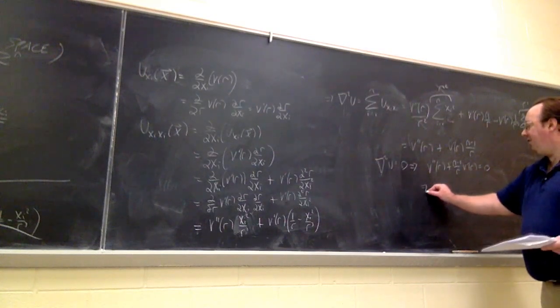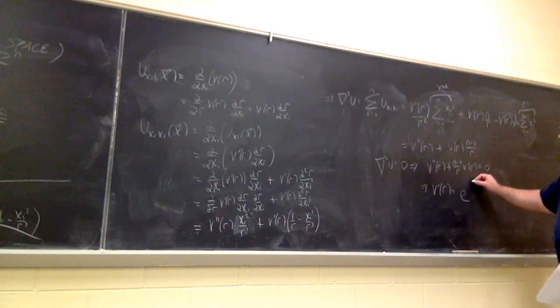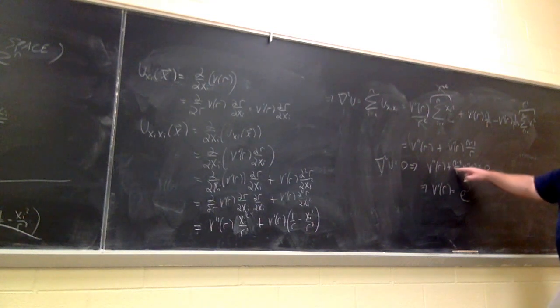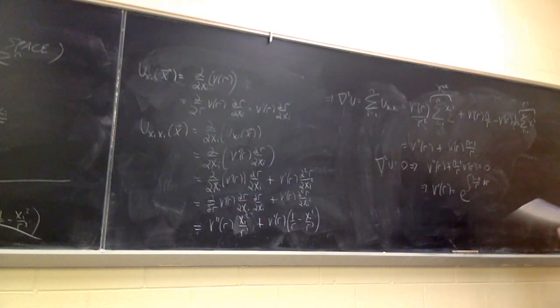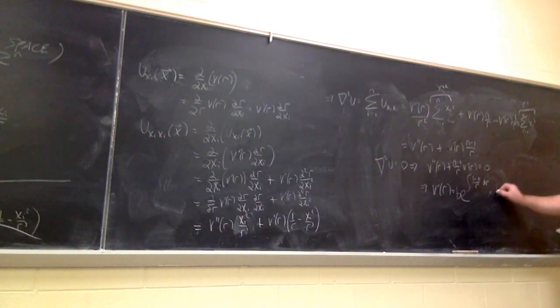So that says that v prime is e to the integral of minus this coefficient, times a constant, which I'll just call b. And we have here e to the 1 minus n natural log of r.